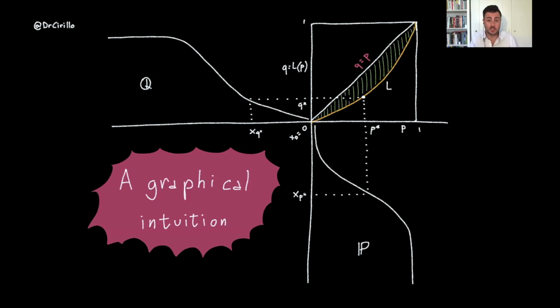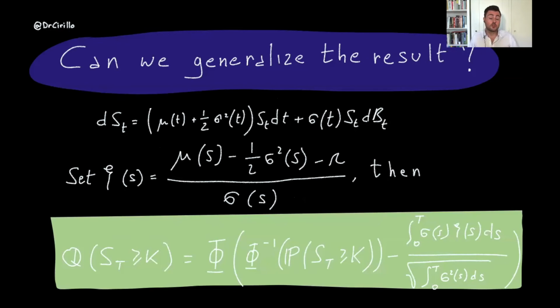The results we have just considered can be somehow easily generalized. So let's consider, for example, a slight modification of the geometric Brownian motion as the one that you see on your screen. By the way, this is a process in which mu and sigma are now functions. They are no longer fixed parameters, but they are deterministic functions.